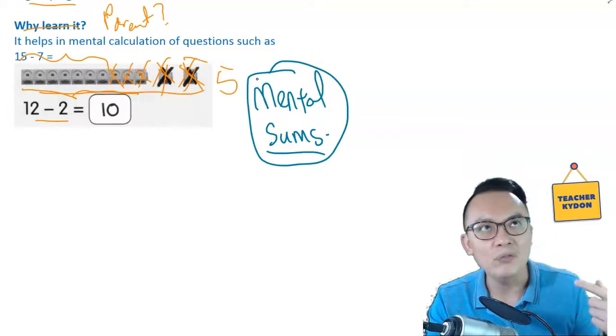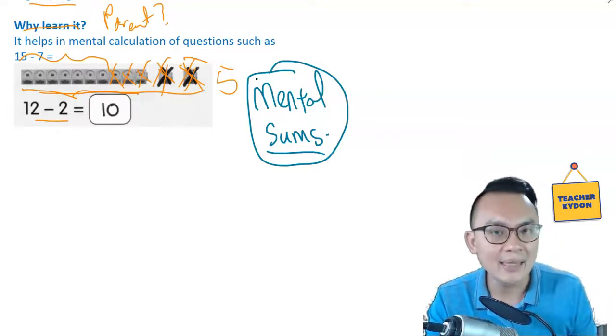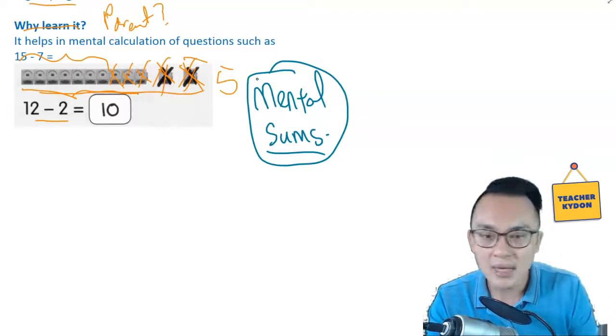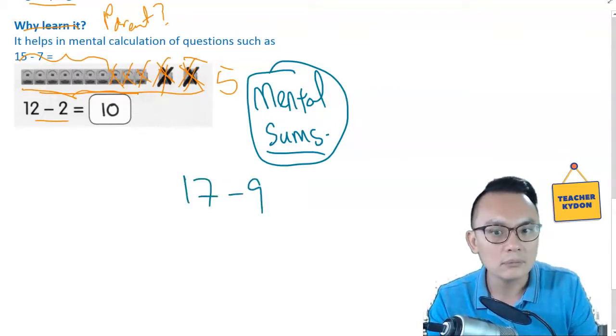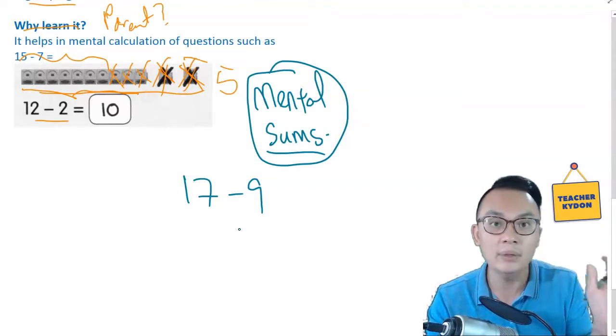I have also taught primary 3, 4, 5, 6 students, and I noticed that those who are not strong in this are really not able to do questions like 17 minus 9. Something like this will stumble them.